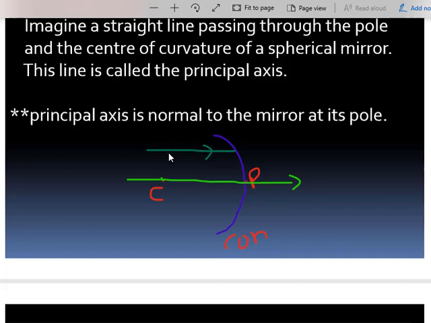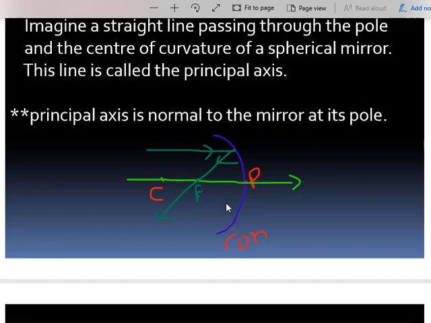Whenever the incident ray is incident on the mirror, it gets reflected back. So focus is the point through which the reflected ray always passes. So this point is known as focus. See, this is the incident ray, this is the reflected ray. This reflected ray will pass through the principal axis at a particular point. That point is known as focus.